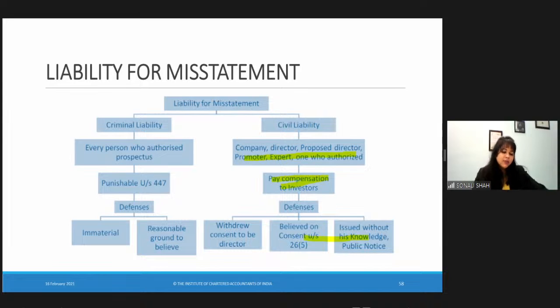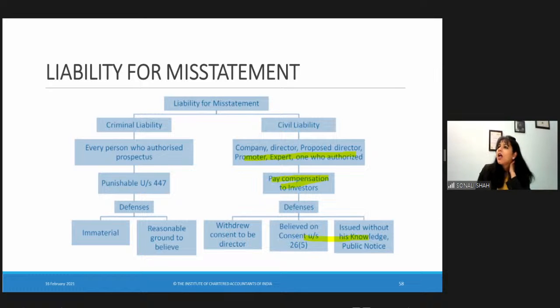What is the difference between omission and concealment of fact? Omission is just wiping off the information. Concealment of fact is, let's say the company's turnover is 1 crore rupees, but it has not included 1 crore, it has written 0.9 crore.